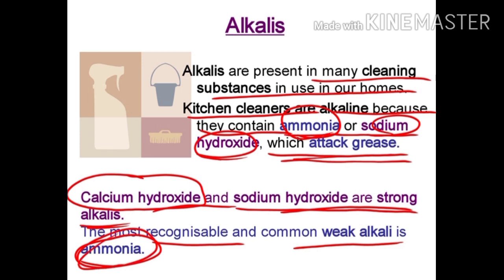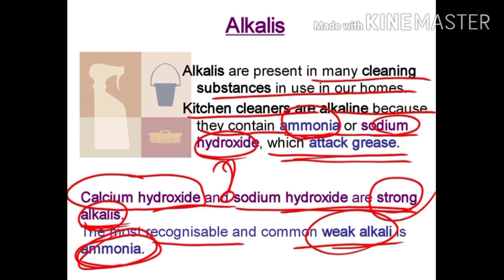Now you must be wondering on what basis we are classifying strong alkalis and weak alkalis. Let me clarify: strong and weak alkalis can be classified on the basis of their solubility. Once you put them into water, if they are ionizing more, dissociating more, they will be called strong.